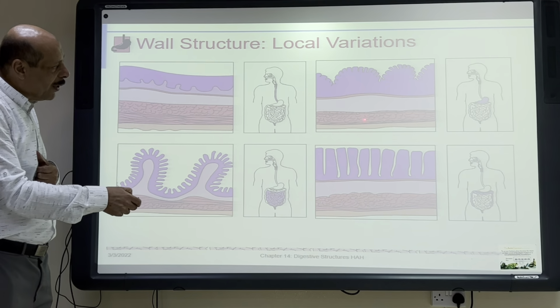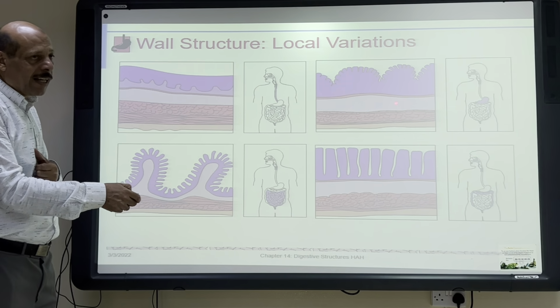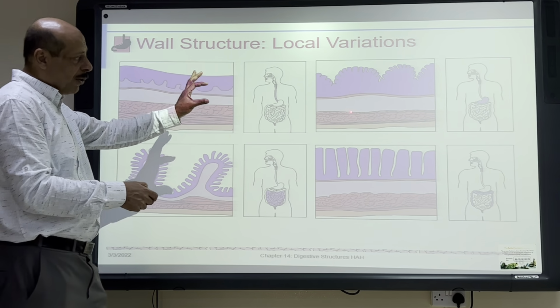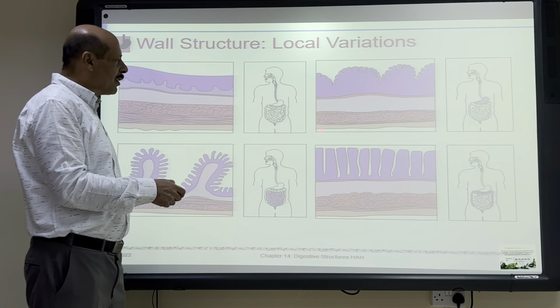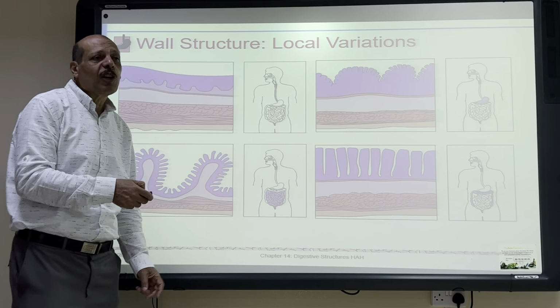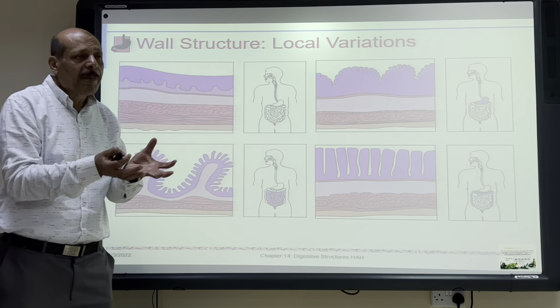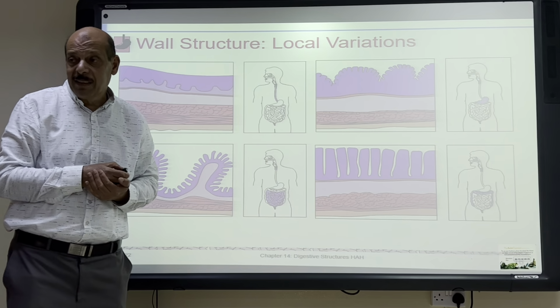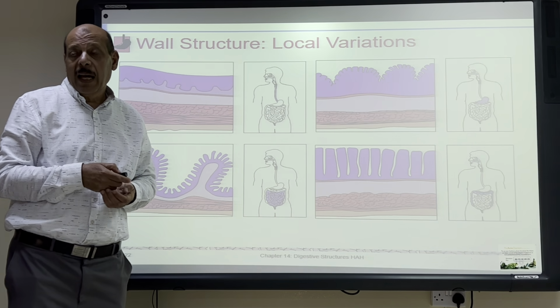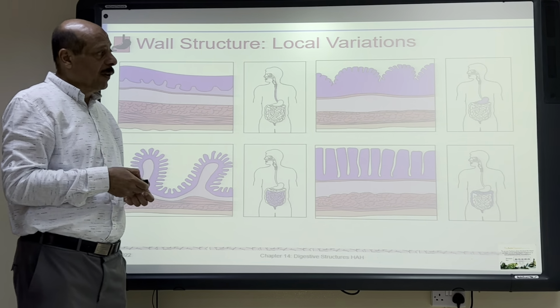Then also the structure of the submucosa here in the stomach is very thick, with a strong muscular layer and a strong serosal layer, because most of the mechanical and chemical digestion happens inside the stomach and the small intestine.